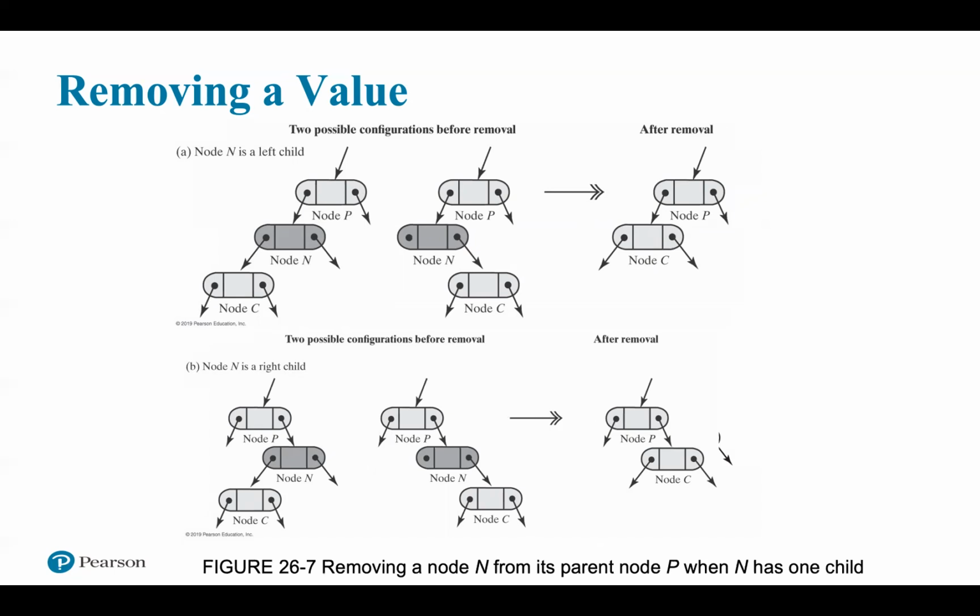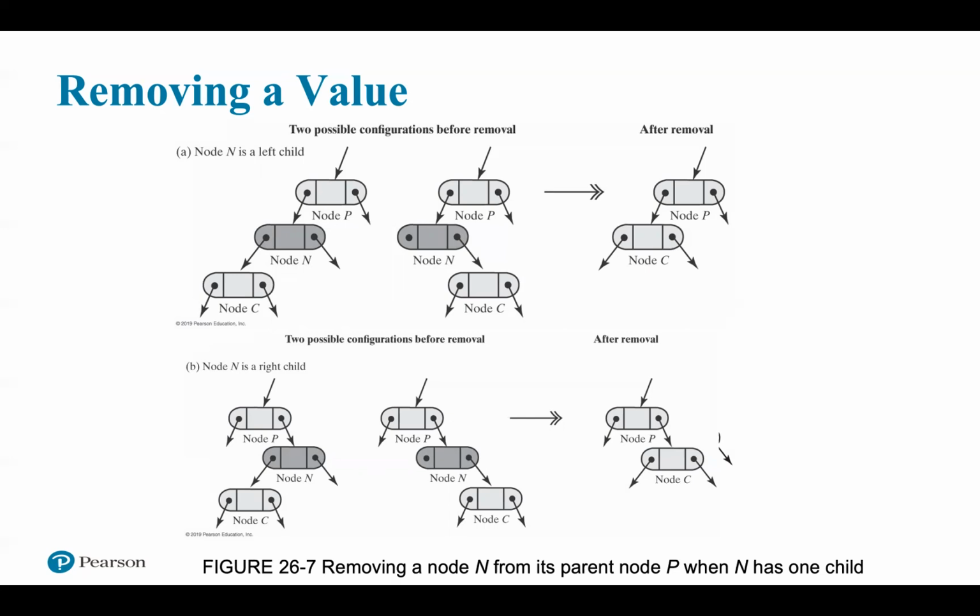To remove the entry in n, we remove n from the tree. We do this by making c a child of p instead of n, as figure 26.7b shows. If n was a left child of p, we make c be the left child of p. Likewise, if n was a right child of p, we make c be the right child of p.